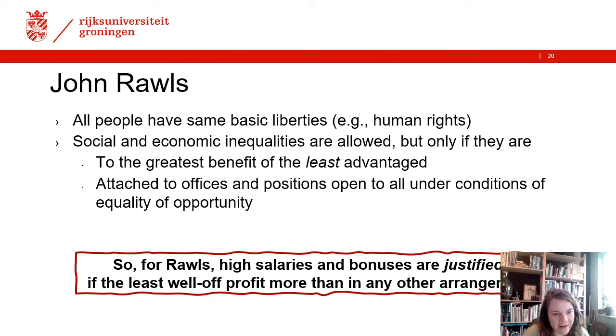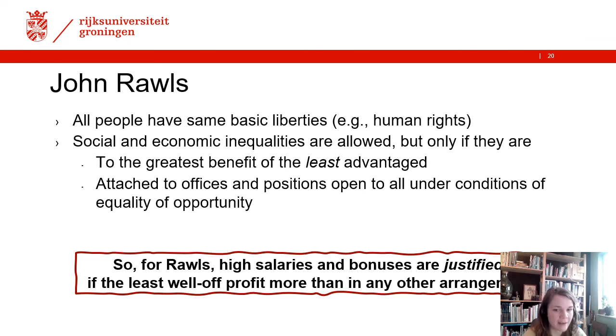Well, just to recap today's lecture, this sixth part in the series on normative ethical theories, John Rawls proposes that a just distribution consists of a distribution where all people have the same basic liberties, human rights, and that inequalities can exist as long as they are to the greatest benefit of the least advantaged and attached to offices and positions under conditions of equality of opportunity. Right?